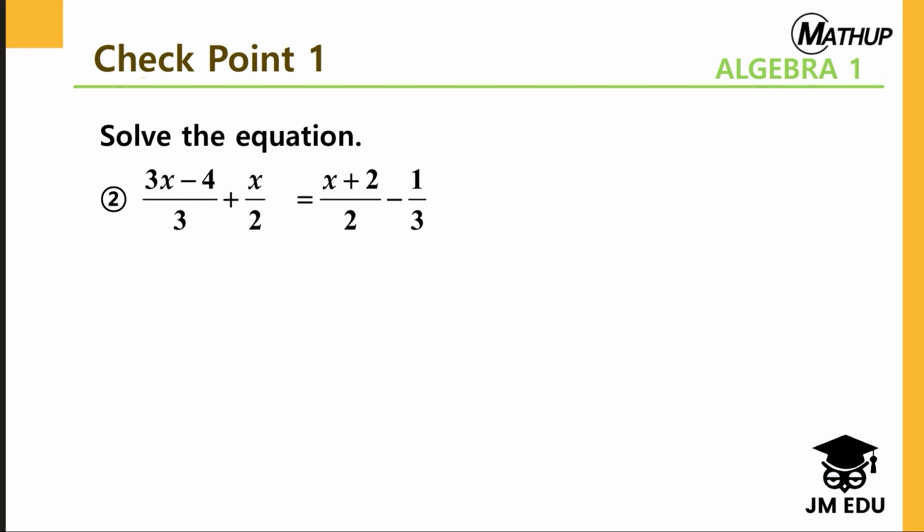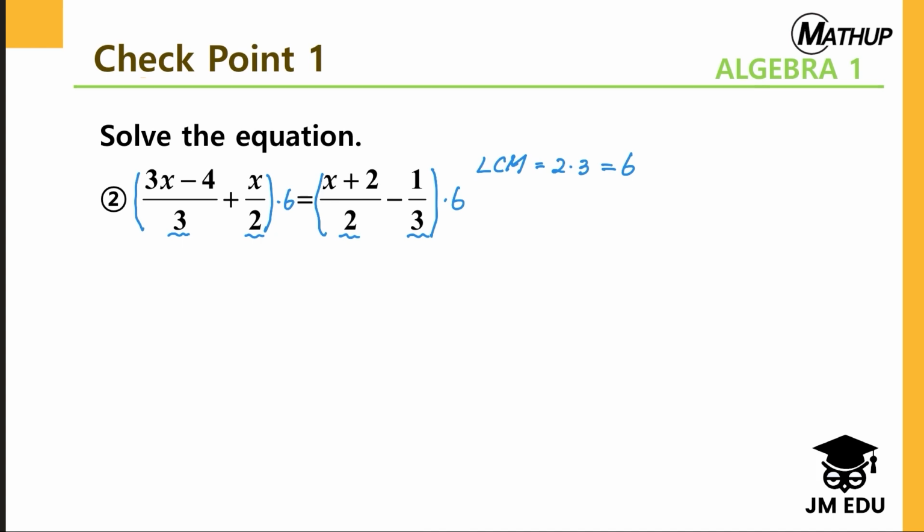Number 2, let's find the least common multiple again. So the least common multiple is, here we have 3, 1, 3, 1, 2, 1, 2, 1, 3. So the least common multiple is just the 1, 2, and 1, 3, which is equal to 6. So multiply all of this expression by 6.